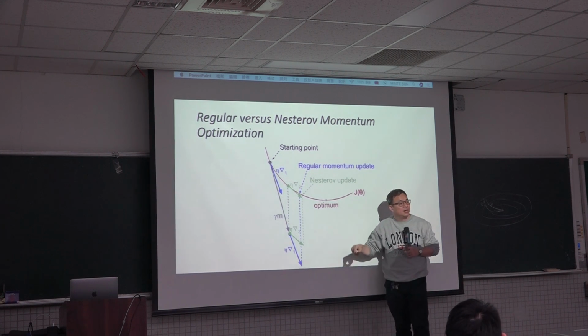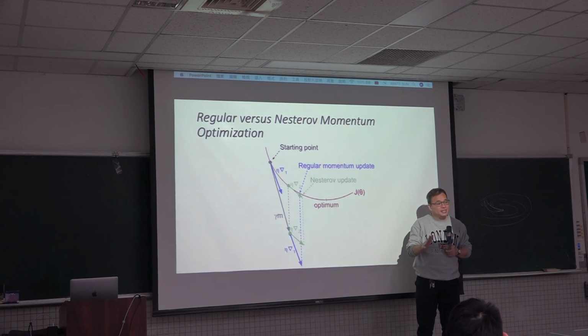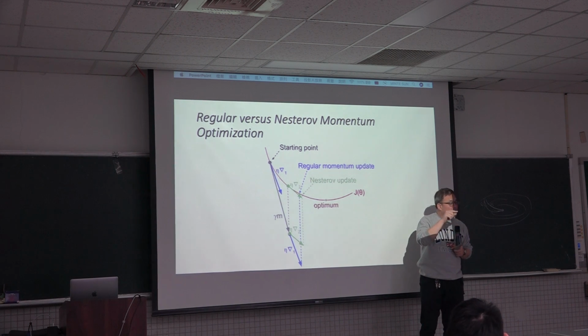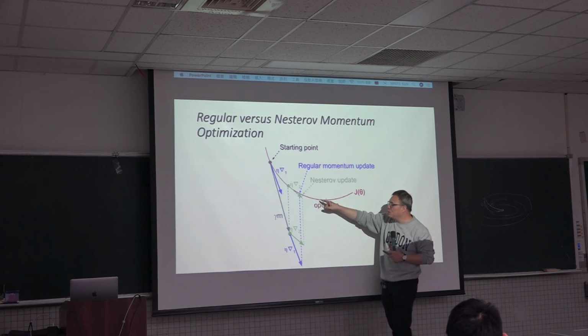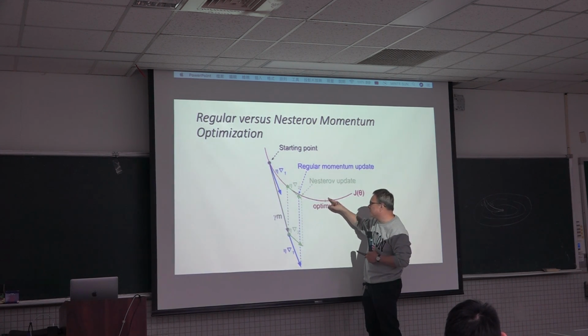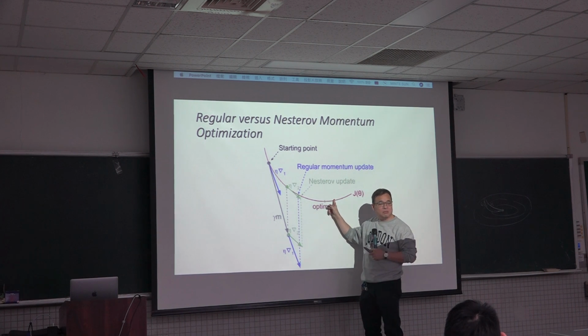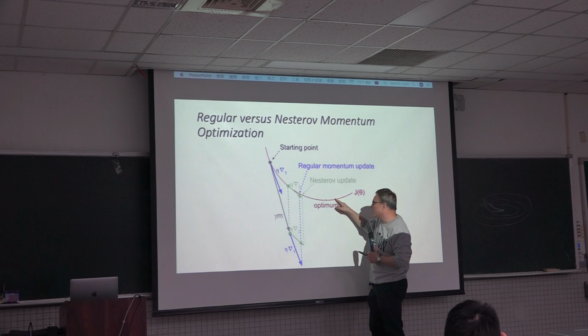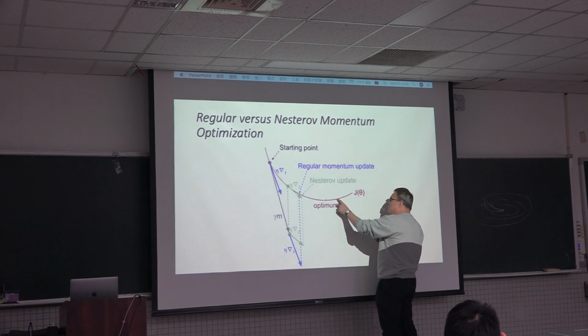But with NAG, when it reaches here, it's going to use the next position to calculate the gradient, which is most likely going to be here.